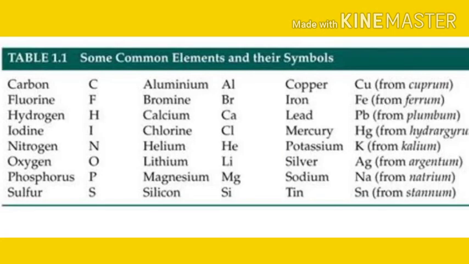The symbols which are derived from the first letter of the name of the element are carbon, fluorine, hydrogen, iodine, nitrogen, oxygen, phosphorus, and sulfur. The symbols which are derived from the first two letters are aluminium, bromine, calcium, etc. Symbols of some elements such as chlorine and magnesium are derived from the first letter and the third letter.